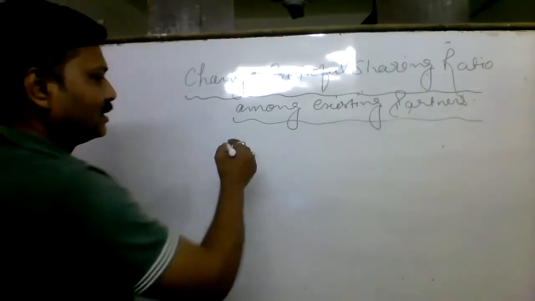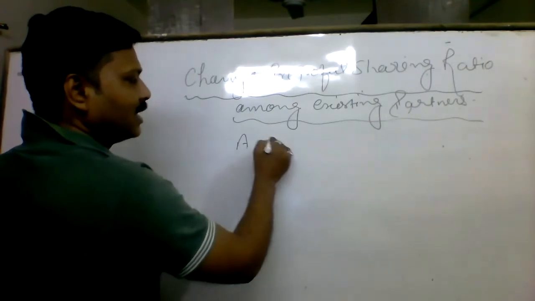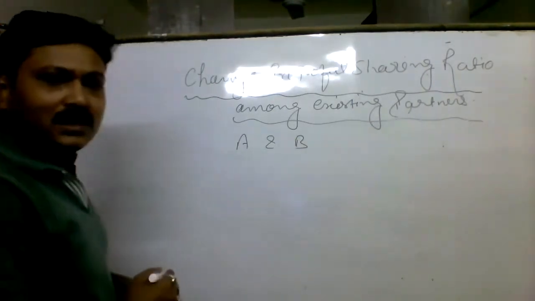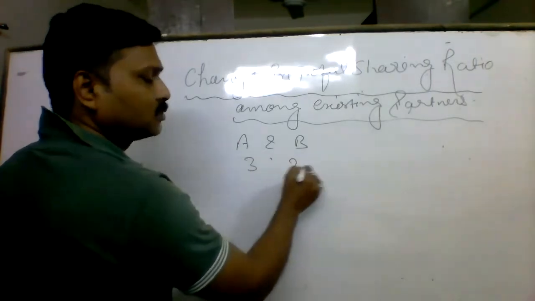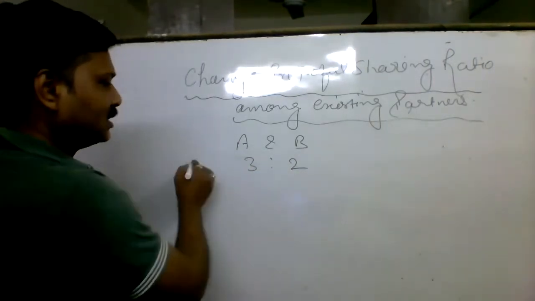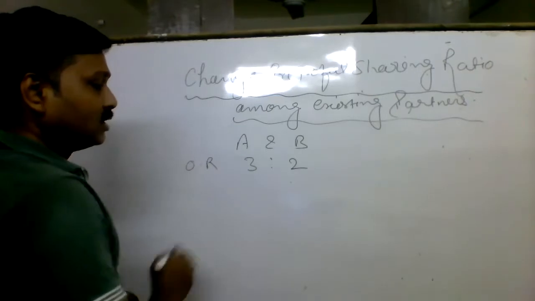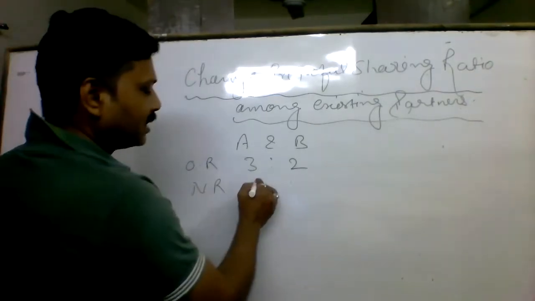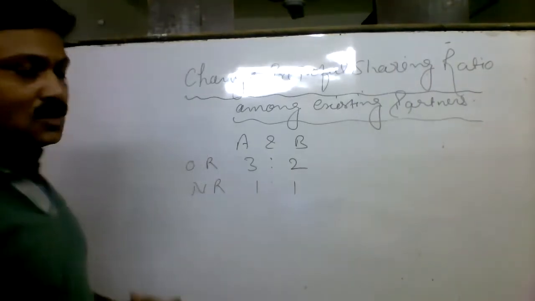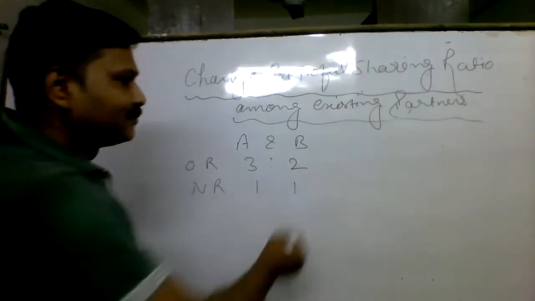Suppose there are two partners, A and B, and they were earlier sharing profit and loss in 3:2. This is the old ratio. Now in future they decide to share equally between themselves. So what will be the effect? Let's see.